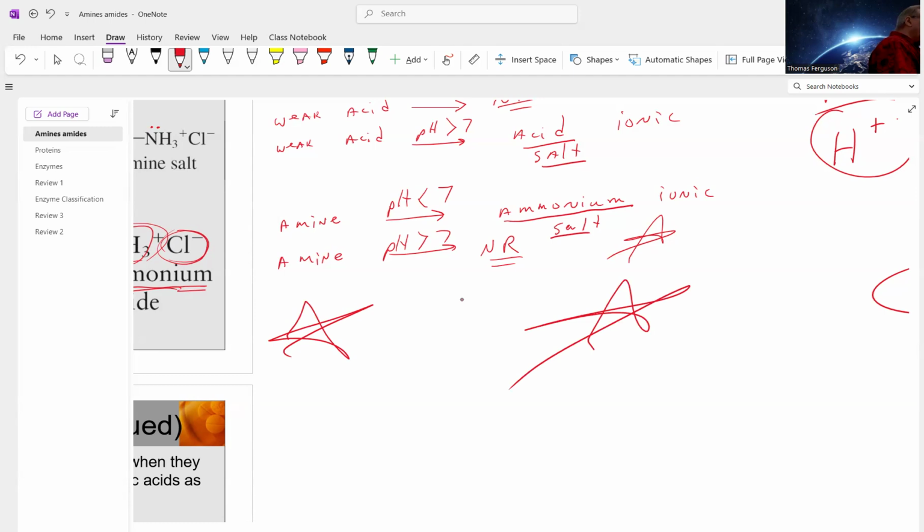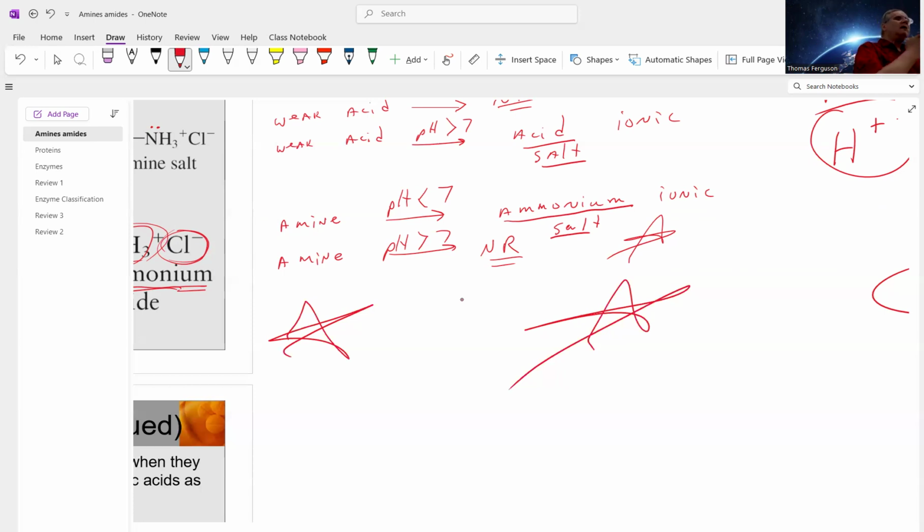Now, this is important because you can manipulate biochemicals by changing the pH. For example, if you wanted something to be dissolved in water, if it's ionic, it's going to dissolve in water. If it's non-ionic, it won't. So the idea here is we can make drugs. Our body is basically water-based. So to get drugs to dissolve or move around our body in the bloodstream, we need to make them more motile, okay?